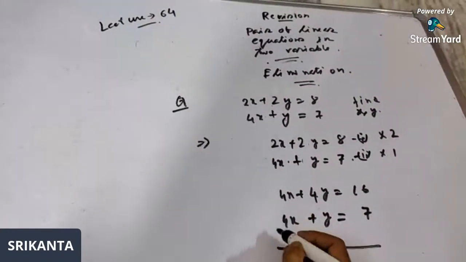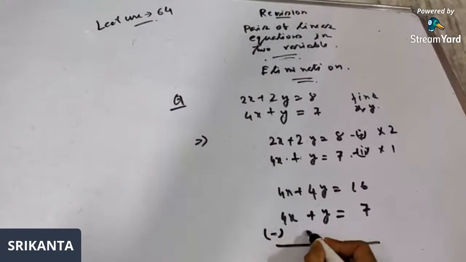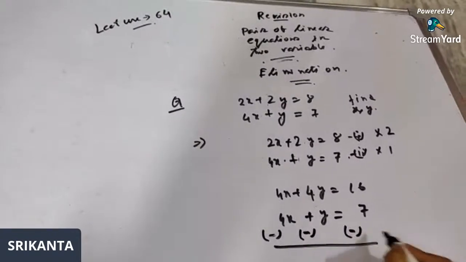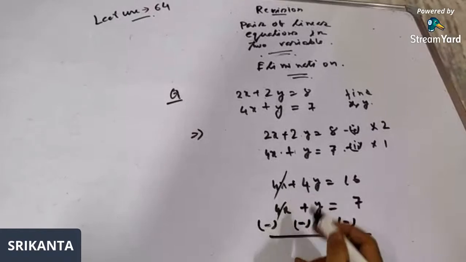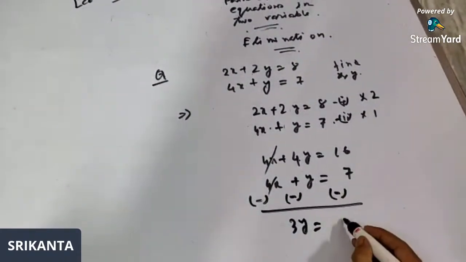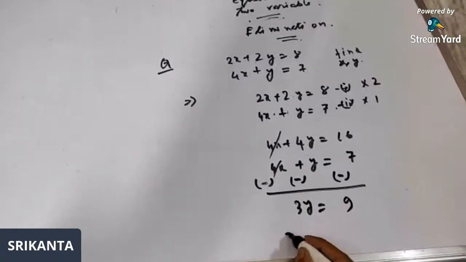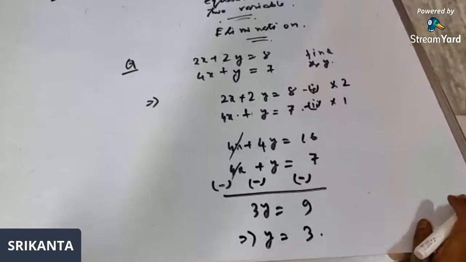Since they are of the same sign, we have to change their sign. So plus becomes minus, here plus becomes minus. Therefore 4x cancels, 4y minus y becomes 3y, and 16 minus 7 becomes 9. Therefore y becomes 3. Clear?